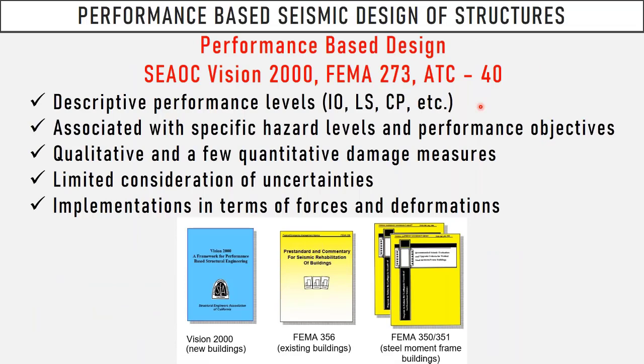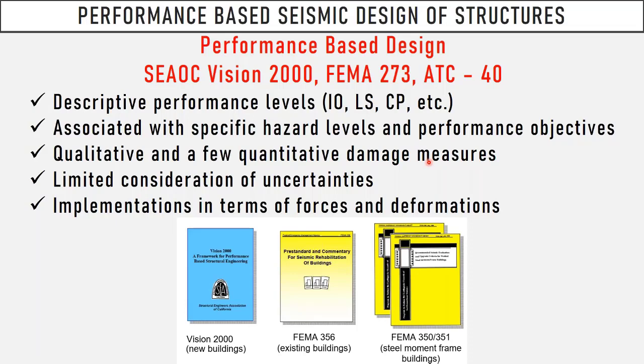The very famous Vision 2000 produced the FEMA 273 and ATC 40, and about 20 years ago, 25 years ago, they introduced the performance levels in a descriptive manner rather than general or round definitions, and they linked the performance levels with different seismic hazard levels. And again, qualitative and quantitative measures have been introduced.